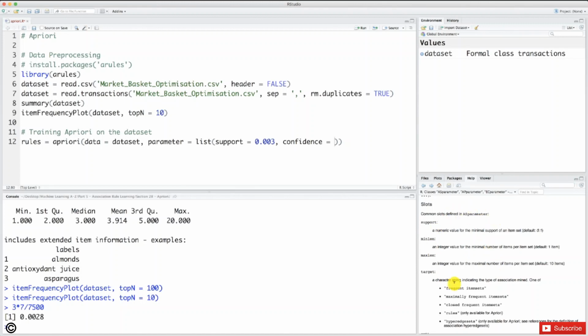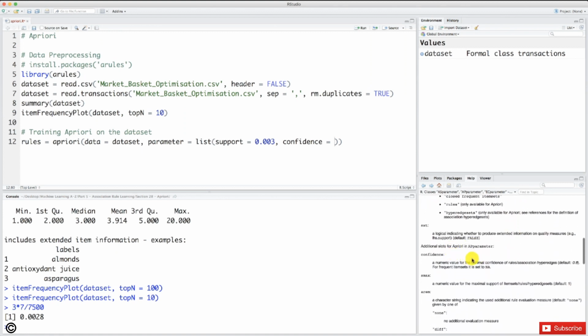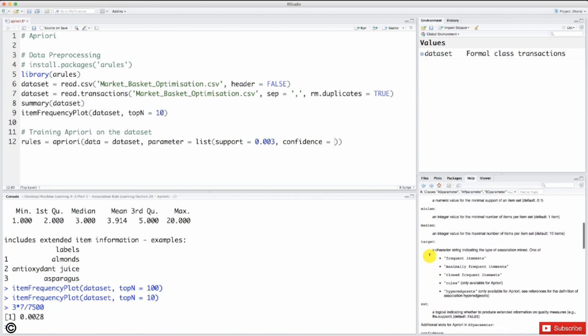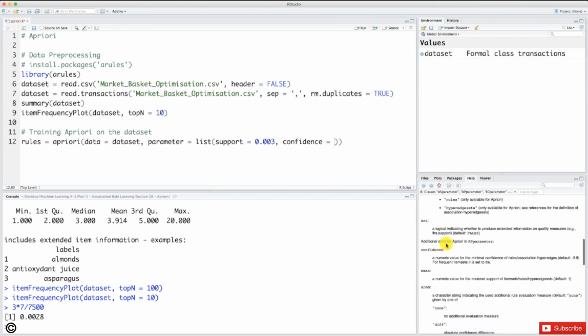These are the arguments that are in both Apriori and Eclat. And below, you have some additional arguments that are only for Apriori, because you'll see that the Eclat algorithm doesn't have a confidence in its algorithm and only considers the support. We will see that afterwards, but right now what we're interested in is the confidence, and you can see that the default value is 0.8, so that's what we will start with.